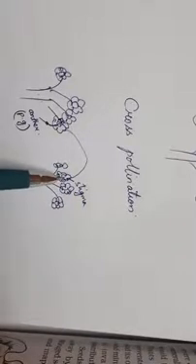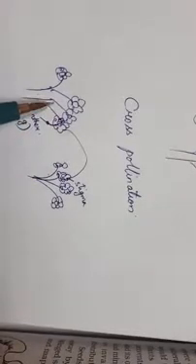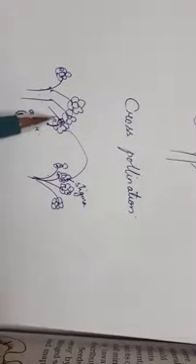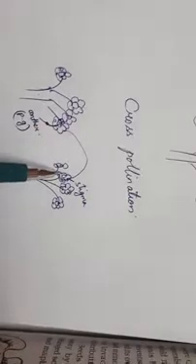Clear, children? Or you can say the fertilization will not take place. It is possible only if both the plants are of the same species. So cross-pollination is the transfer of pollen grain from the anther to the stigma of another flower of the same variety. Since it is happening in a different plant, it is called cross-pollination.